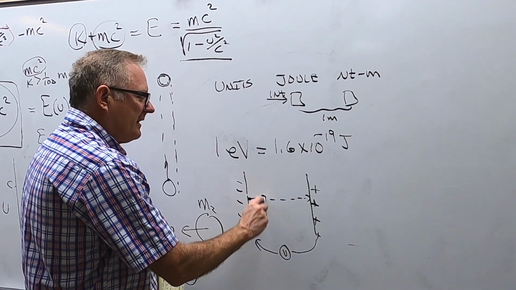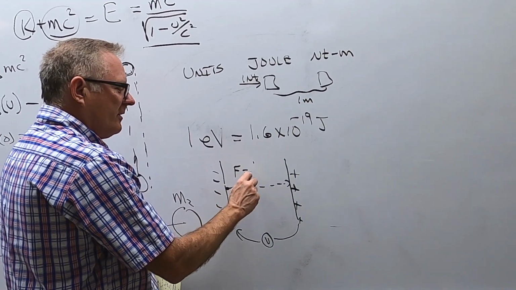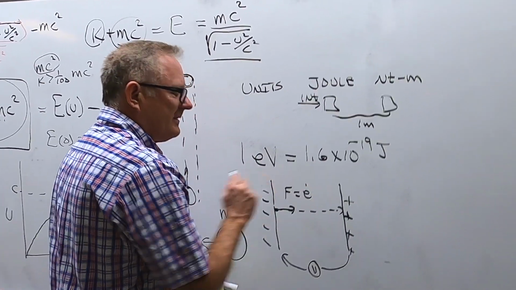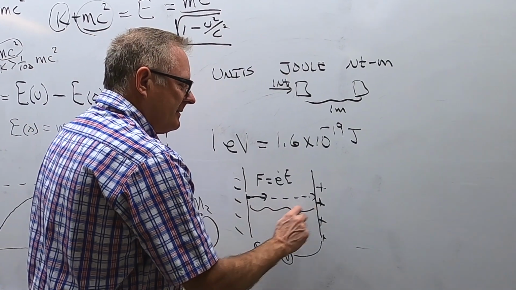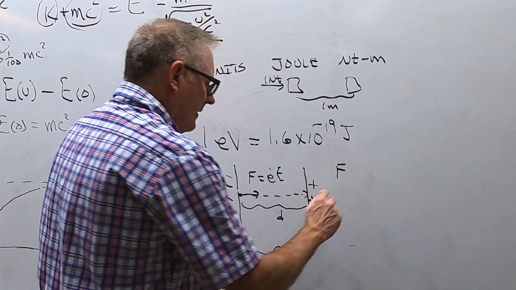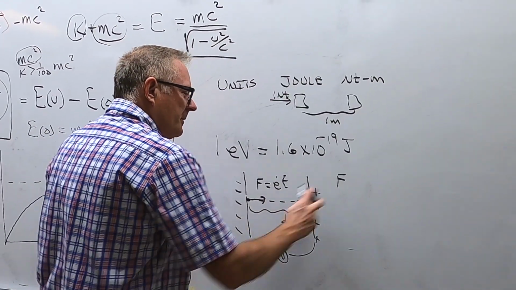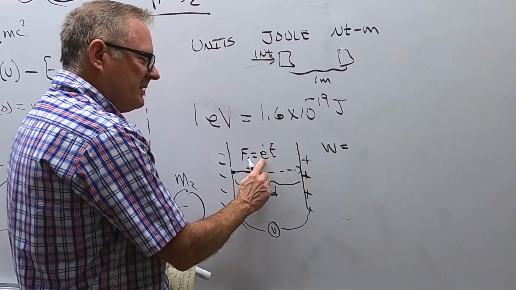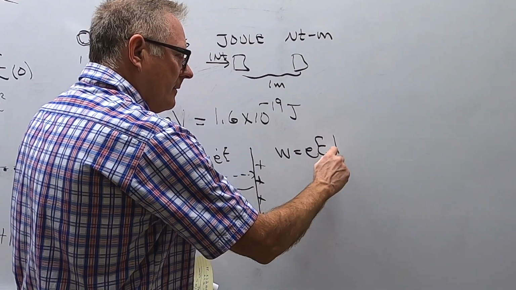And so we said the force is just, what is that, Q? The charge of an electron is just e, so the force is e times the electric field, and the distance is d. So the work is the force times the distance, which is e times E times d.